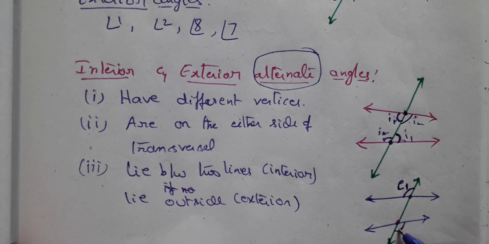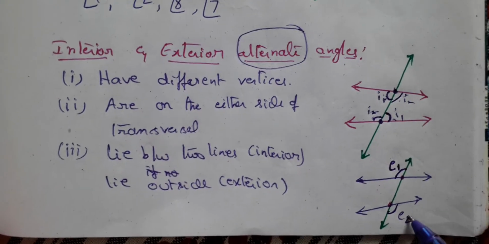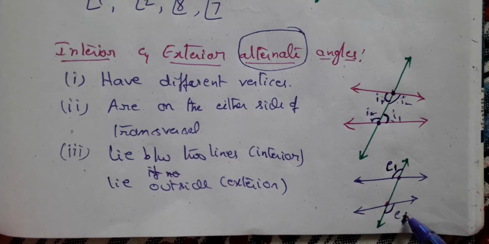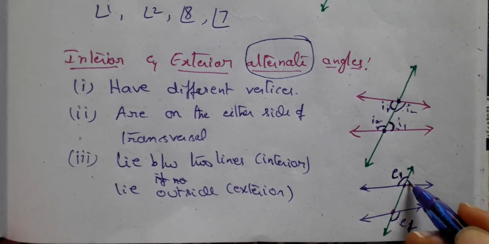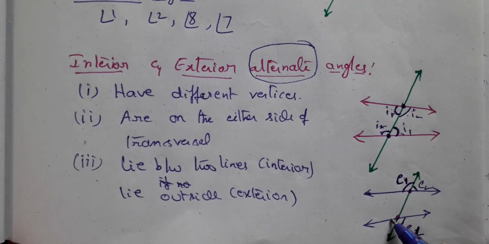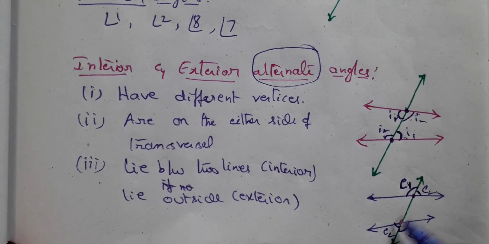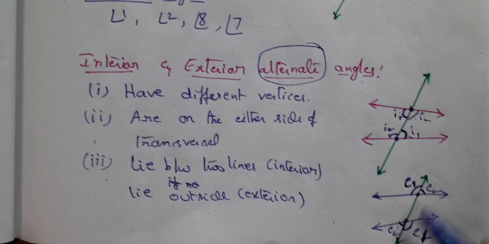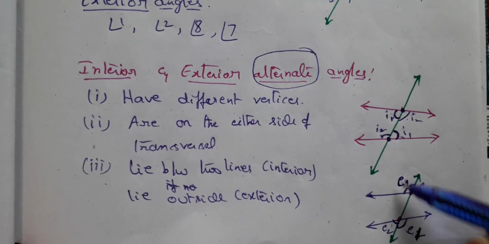So this is the one which is satisfying it. E1 is paired with E1. Similarly, E2 is paired with E2. Did you get the meaning now? Alternate angles on either side. These are exterior angles. Okay, children, it is something like opposite.